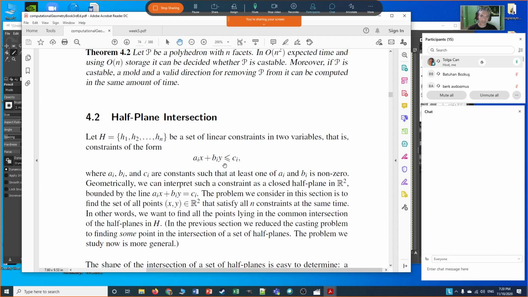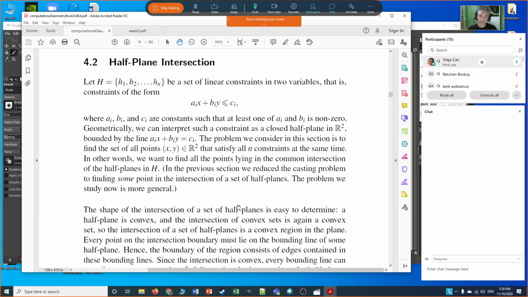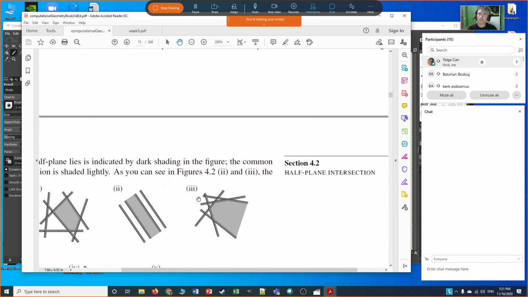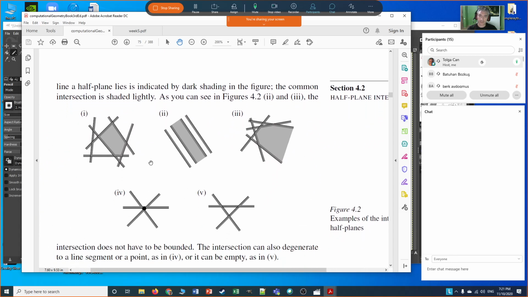Each of the faces gives us a constraint like this, and our goal is to intersect all of them. Here is a divide and conquer algorithm for that. By the way, when we intersect these half planes, the result will always be a convex region.